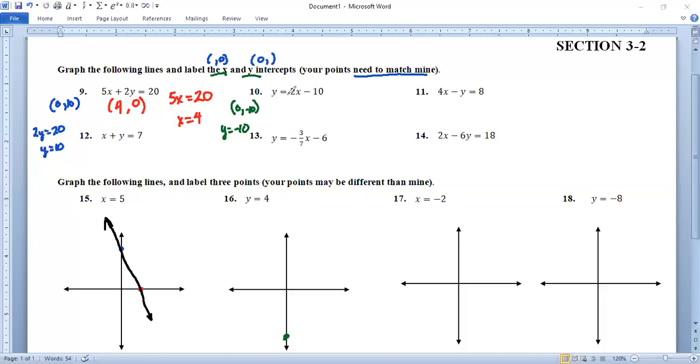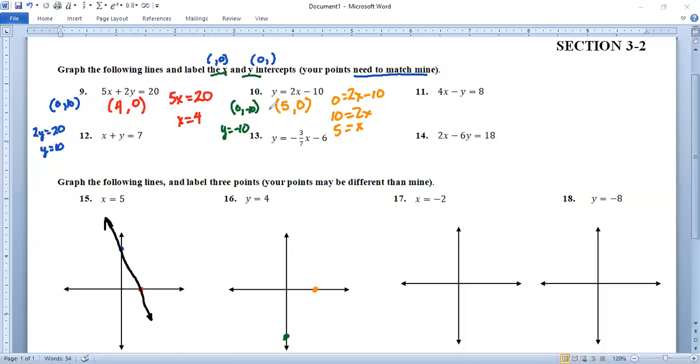And then if we stick in 0 for y, what does that give us? We get 0 equals 2x minus 10. We actually have to do a little bit of solving here. Add 10 over here. We get 10 equals 2x. Divide by 2, and x is going to equal 5. So we get 5, 0. Let me see, that's about right there, 5, 0.